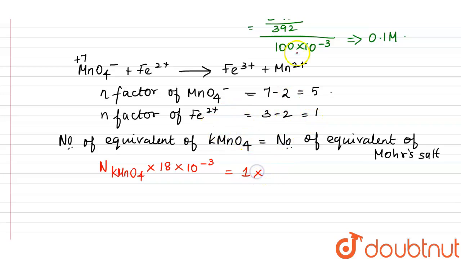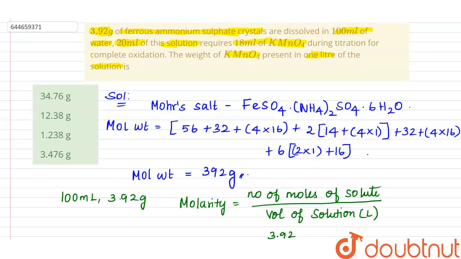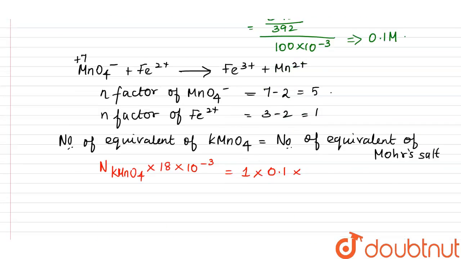Into the molarity of the Mohr's salt solution that we already found, 0.1 molar, into the volume 20 ml. 20 ml of ferrous ammonium sulfate solution requires 18 ml of KMnO4, so here 18 ml for KMnO4 and here we write 20 ml, in liter, into 10 power minus 3.